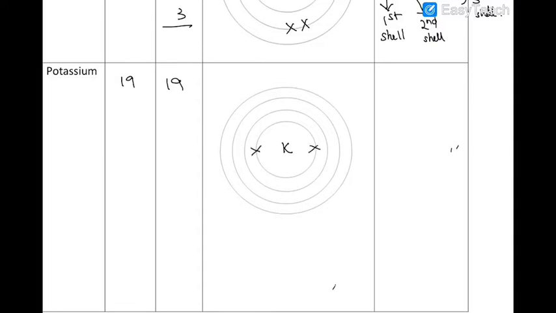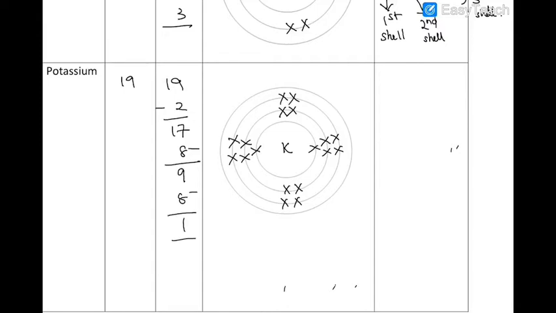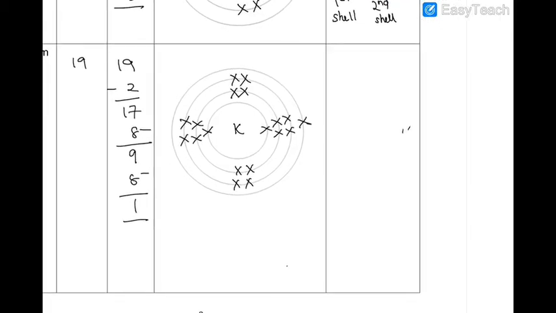First 2 go in the first shell, so I'll minus 2, so I have 17 left. 8 will go in the second shell, so minus 8. From the 9, only 8 can go in the third shell, so I fill up the third shell with 8, so minus 8. I have only 1 left, so that 1 will go in the last shell, the fourth shell. So the electronic configuration is 2, 8, 8, 1.